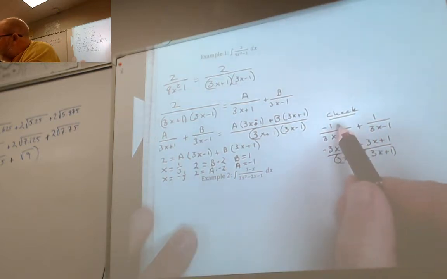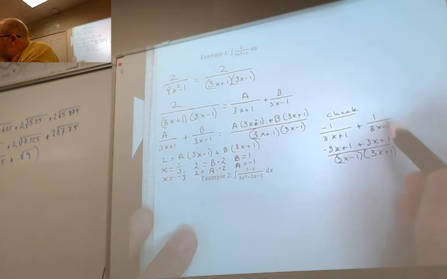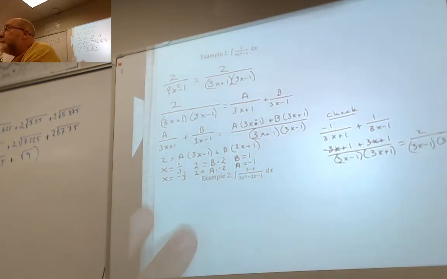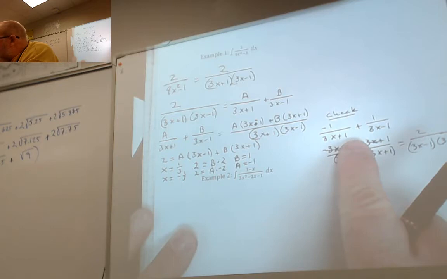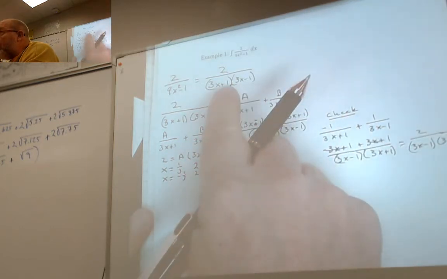I just multiplied this fraction top and bottom by 3x minus 1 and this fraction top and bottom by 3x plus 1. Well, what happens here? Those are gone, and I'm left with 2 over 3x minus 1 times 3x plus 1. So this is equivalent to this.